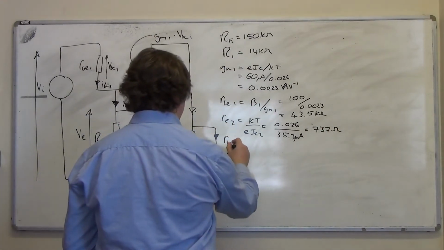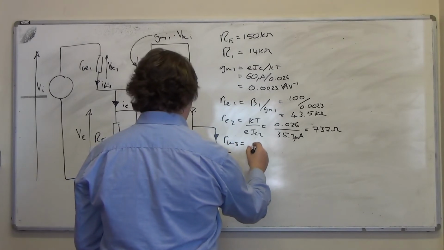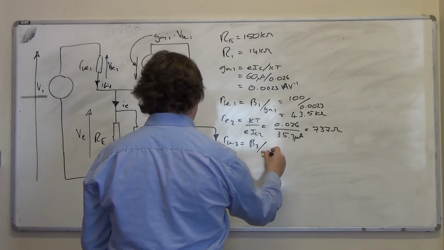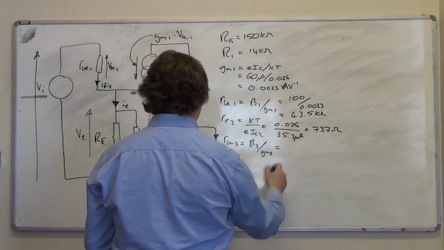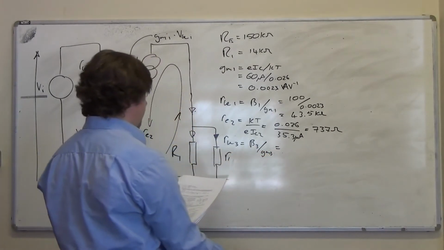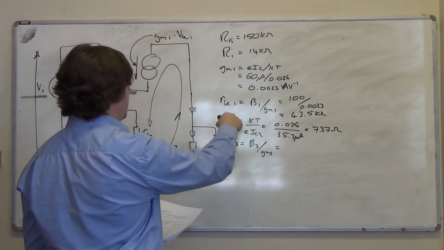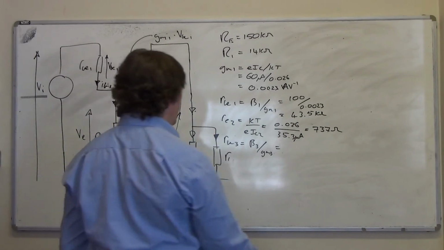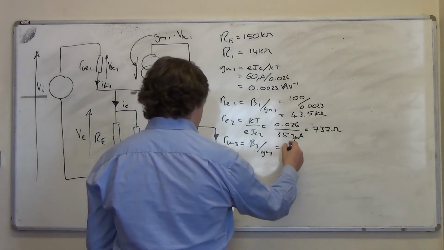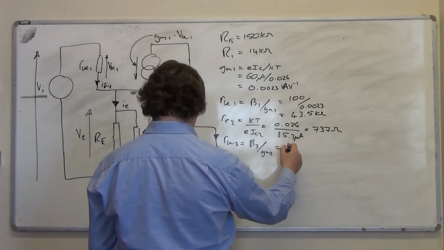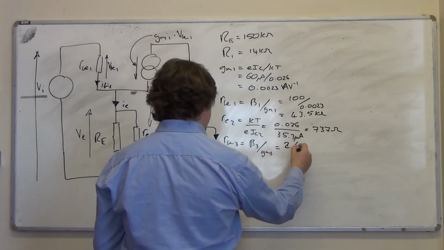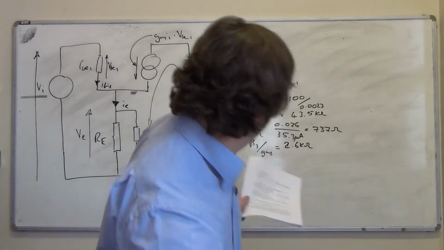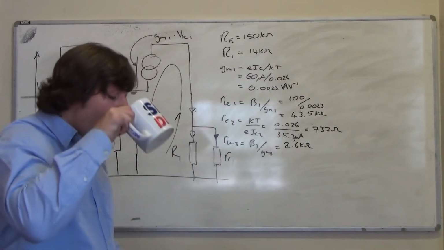And RBE3, which is beta 3, which we would call 100, over GM3. And we can work out what GM3 is from knowing that T3's collector current is a milliamp, which we calculated in part 1 as well. So that will be apparently 2.6 kiloohms.